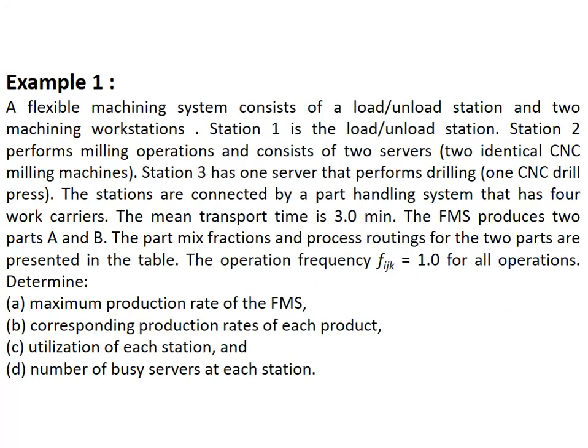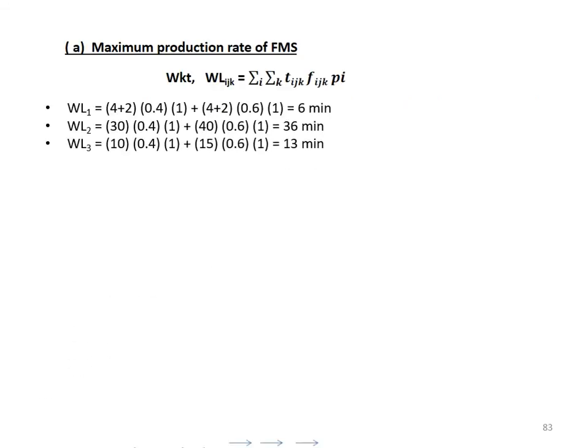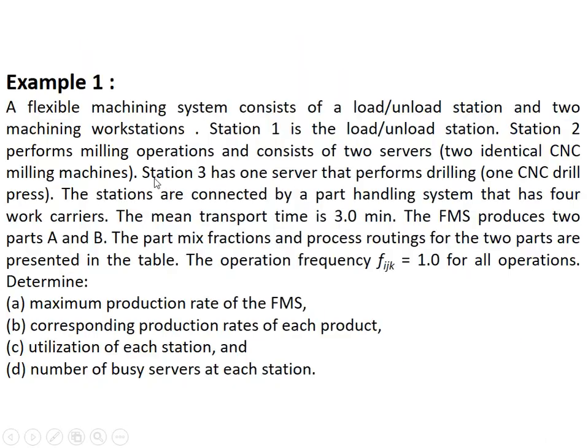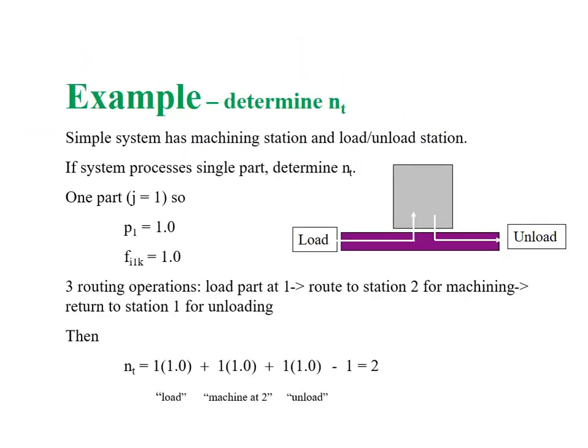I'll just show that. Here I said the mean transport time is 3, and I am using this value over here. The routing is 3 routes, like 3 gaps we have, 1, 2, 3. So using that I'm writing, as you know, the Wn plus 1. Don't get confused with this.